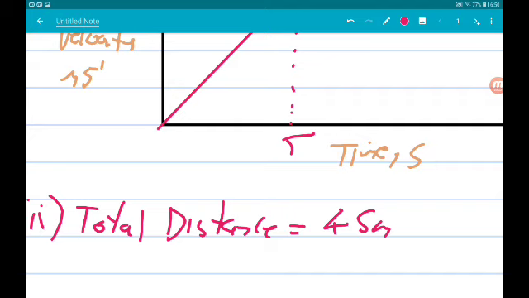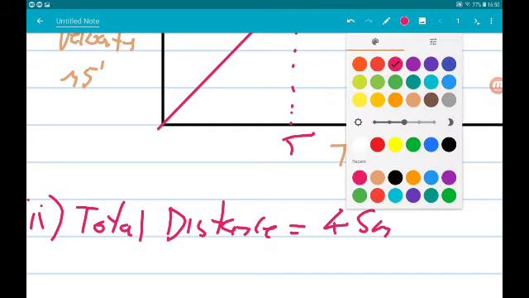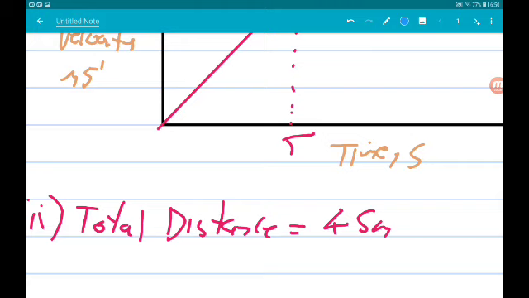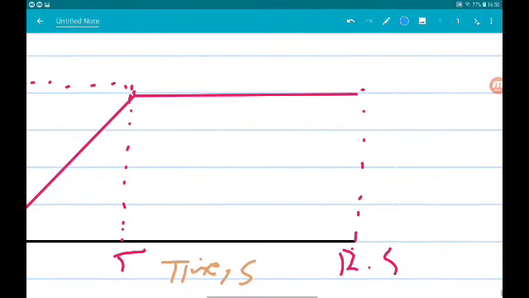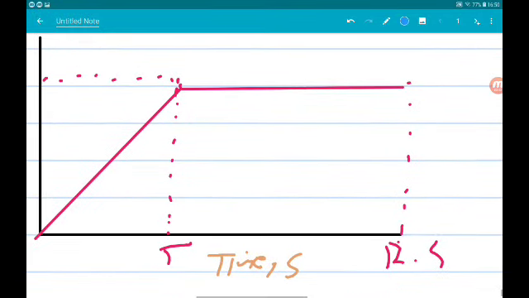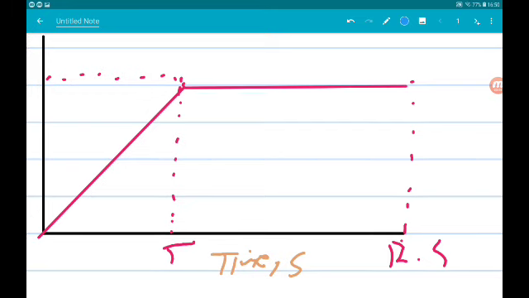Now, on a velocity time graph, the area under the graph represents the distance travelled. So, we've got a trapezium here. Could break it into a rectangle and a triangle. I'm just going to do it as a trapezium.